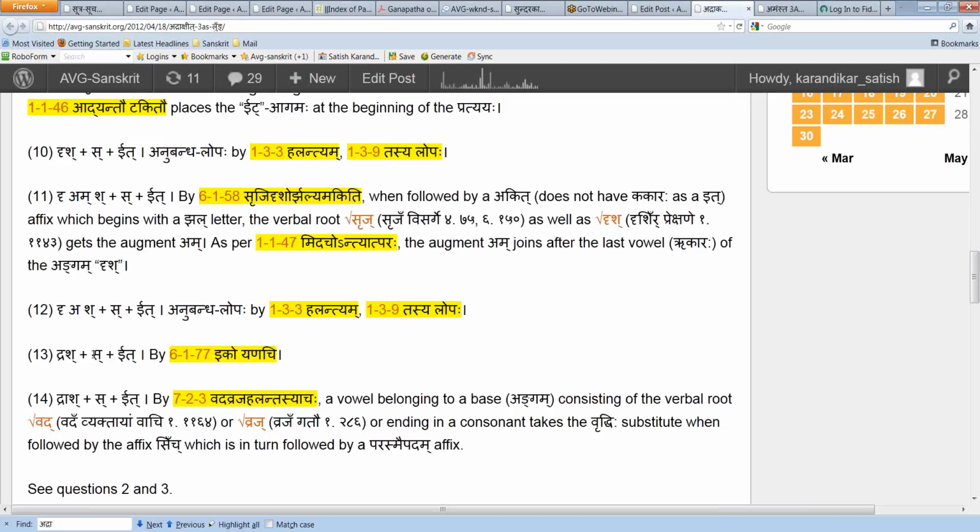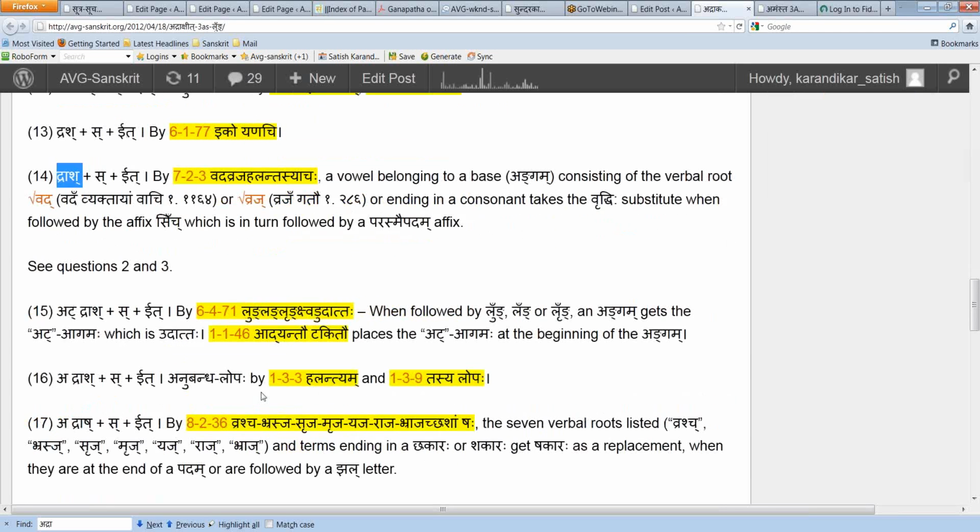So one more time, we have a sich which is following a halantam angam. We have a parasyapada pratyaya following. The sich has no ida agamaha, so the 7 to 4 cannot stop. So when you think of applying 7 to 3, always think of 7 to 4 neti. So everything is satisfied. We get the vriddhya adesha, it becomes drash sa it.